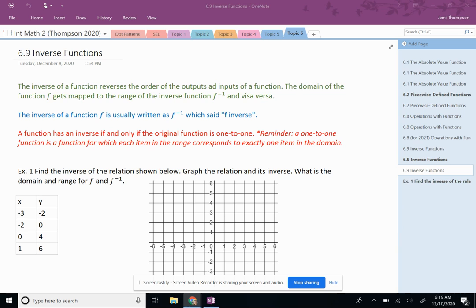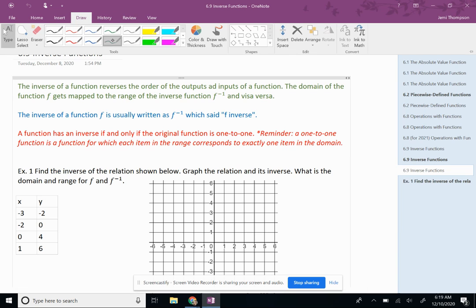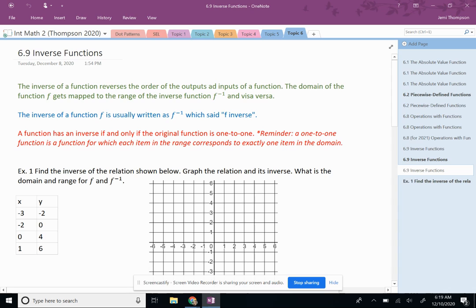Whatever the range is for the original function is going to be the domain for the inverse function, and vice versa. If I draw a small diagram here, there's the original function, and this is the notation that I use for the inverse function.